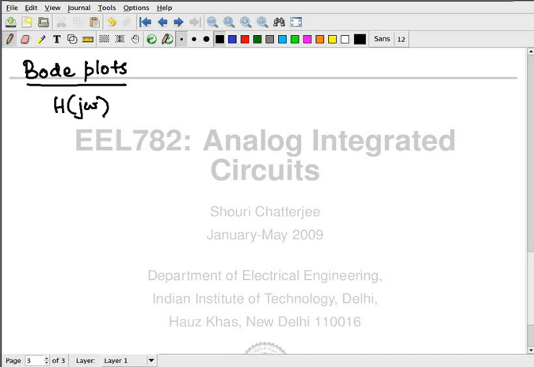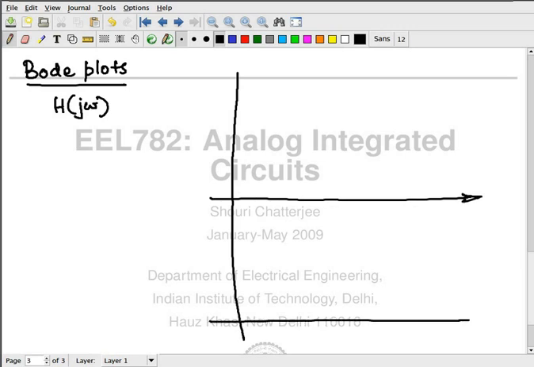Now, there are a few crucial things to understand about Bode plots. There are 2 graphs. In one graph, I want to describe the magnitude of H(jω), and in the other graph, the phase of H(jω), and that will complete all the information that I need about H. The x-axis is going to be ω.